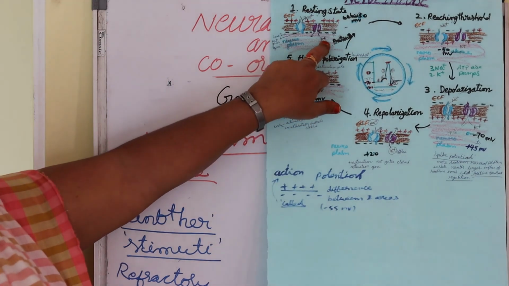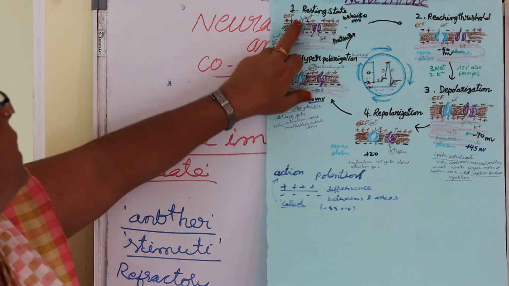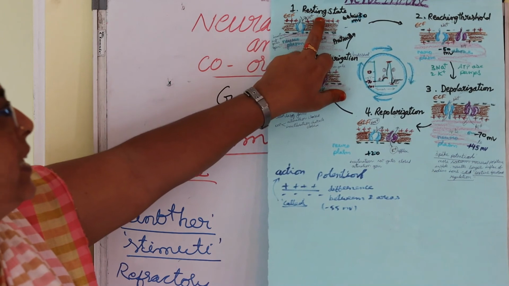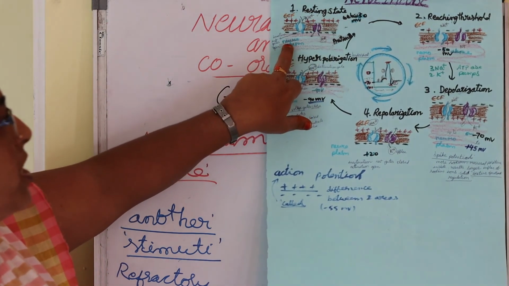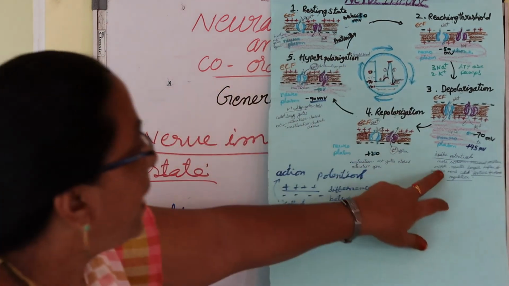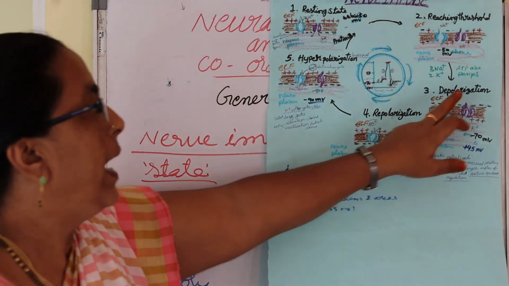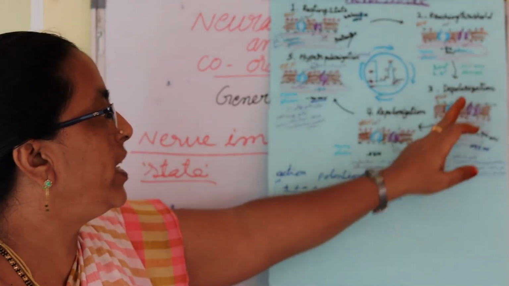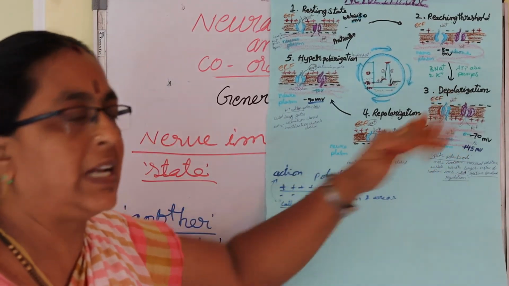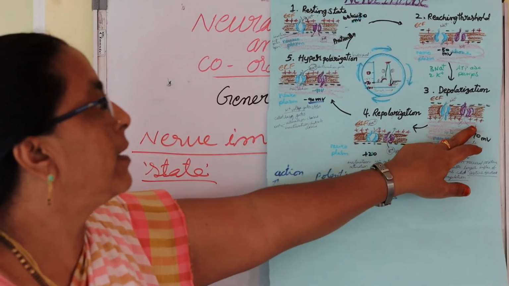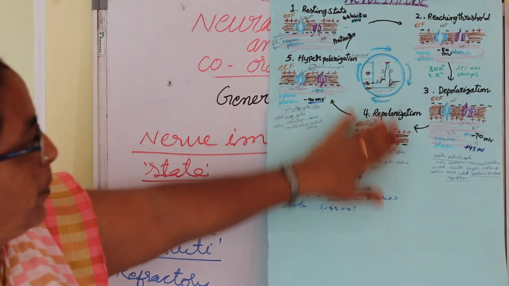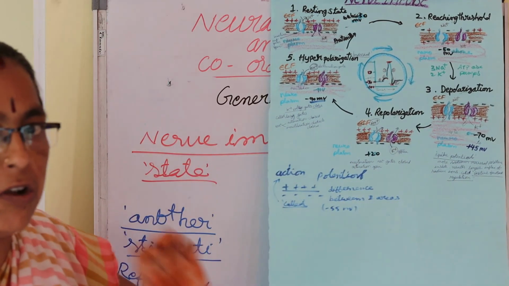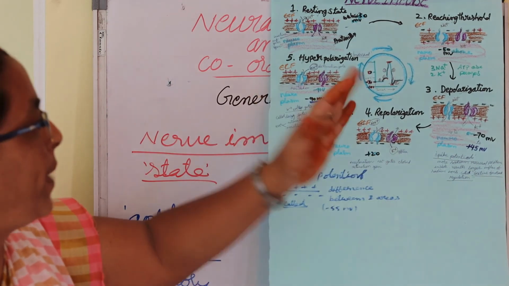Now first the resting state. Here K plus channel is closed, the Na plus activation channel is closed, and the inactivation channel is open. In depolarization, the sodium activation and inactivation channels are open, and the K plus channel is closed. If you observe repolarization, all three of these channels are open.